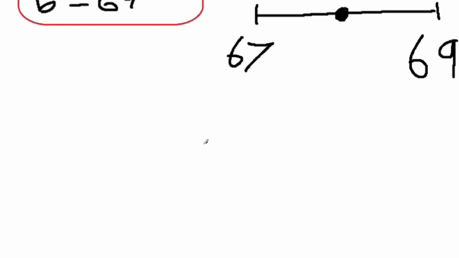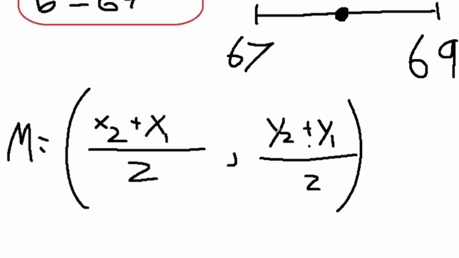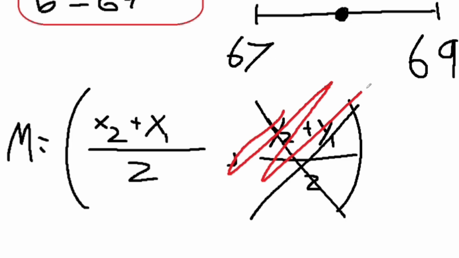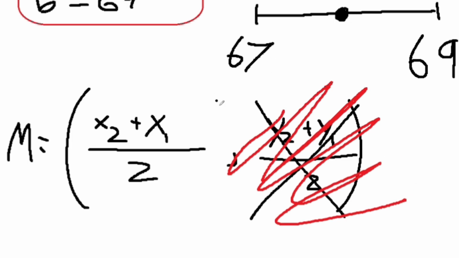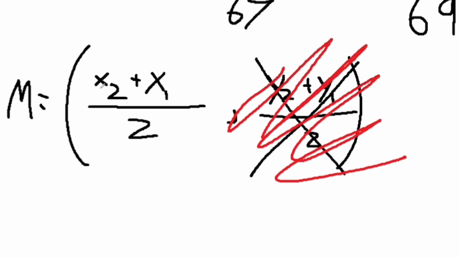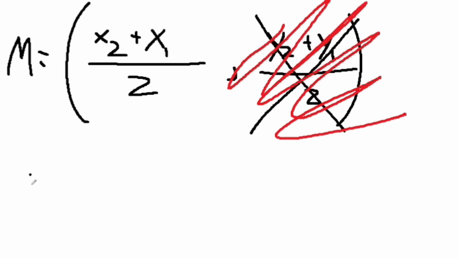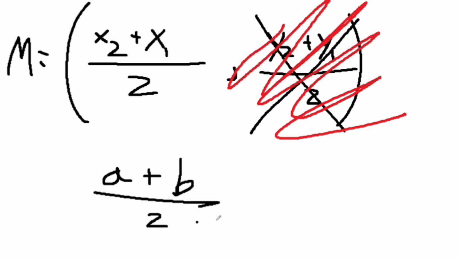Now see, I'm not really sure, so we're gonna have to use the midpoint formula. This is the midpoint formula, but since we're only dealing with one axis here, we can get rid of the y stuff. No y's, get rid of the y's. And let's substitute x2 and x1 for a and b, which is equal to 67 and 69. So a plus b over 2 is definitely the midpoint over them, so let's call this c.